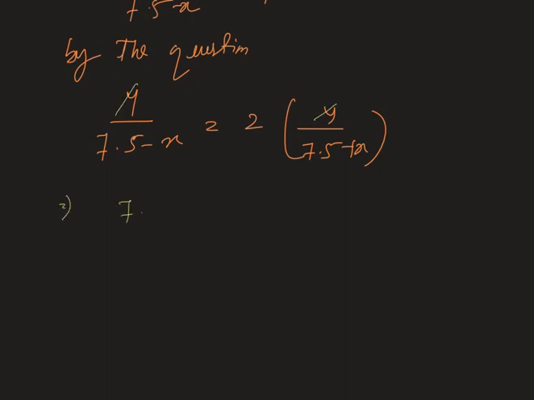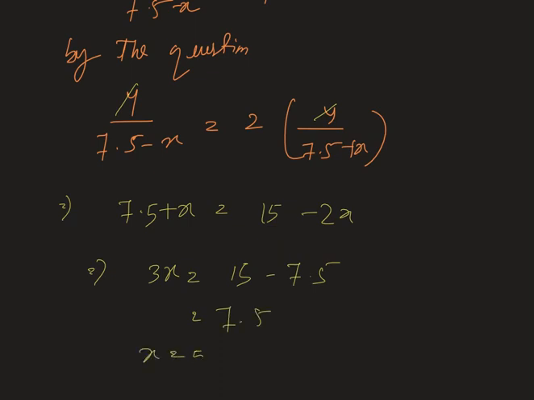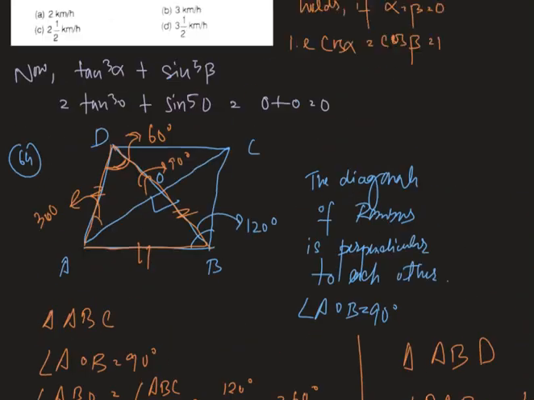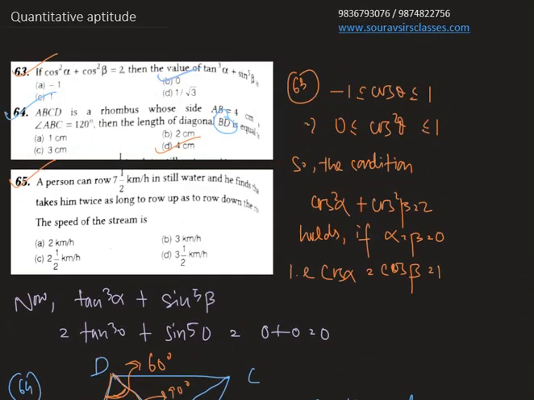We get 7.5 plus x is equals to 15 minus 2x. So 3x is equals to 15 minus 7.5, and this results in 7.5. So the value of x is 5 by 2, that means 2.5 kilometer per hour is the streaming speed. So option C is the correct answer.